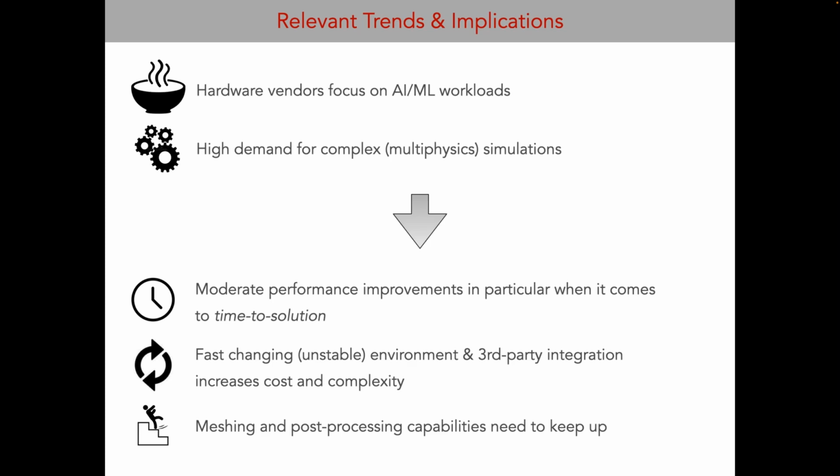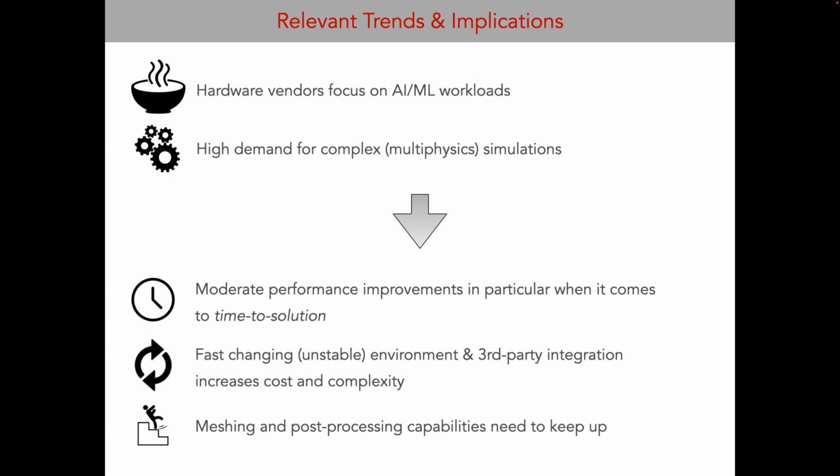Let me close my part with some trends and implications which are relevant for us. One big trend is all the major hardware vendors nowadays focus on AI and ML workloads. Another big trend is there's a high demand for complex and possibly multi-physics simulations.